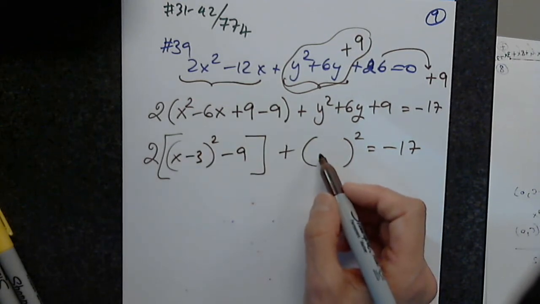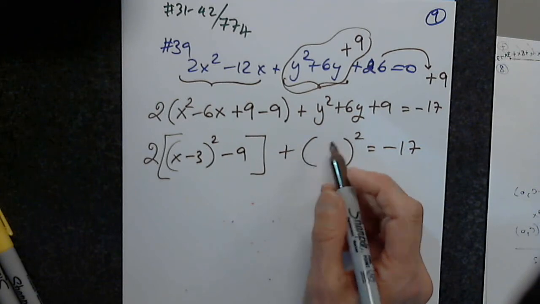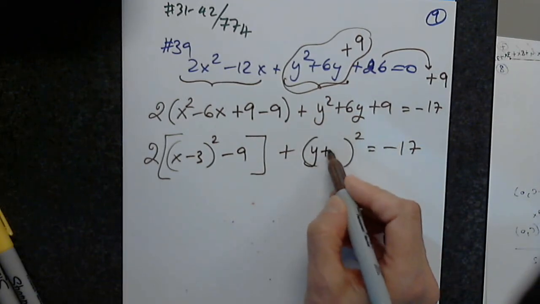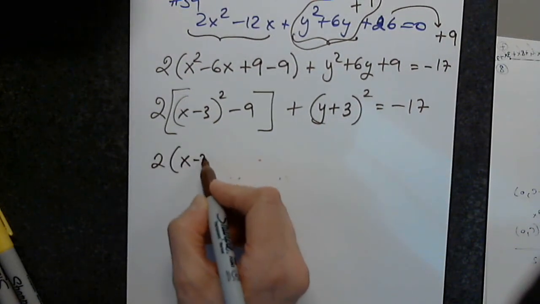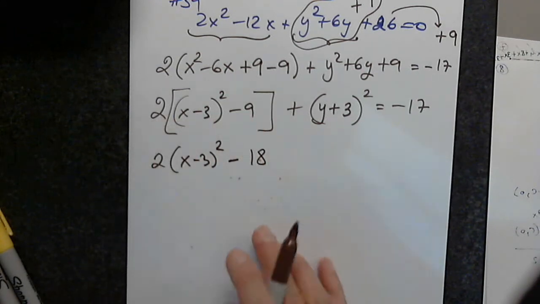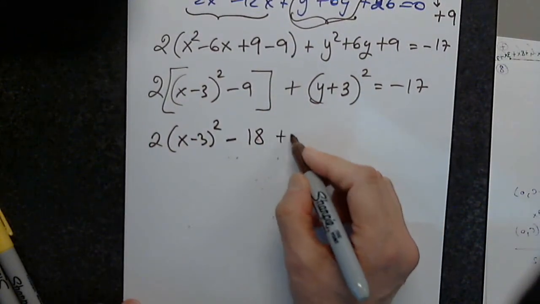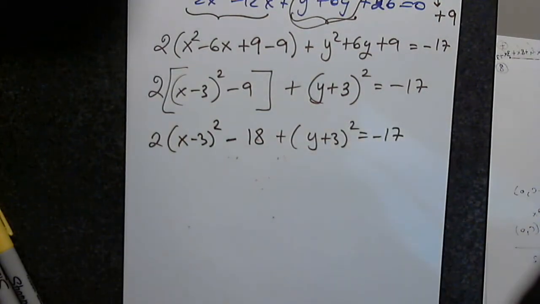And the other one is? X plus 3. But y. You're right. Y plus 3. Good. Looking at the y side, that's okay. So 2 times x minus 3 squared, and this is minus 18, plus y plus 3 squared equals negative 17. Now what?